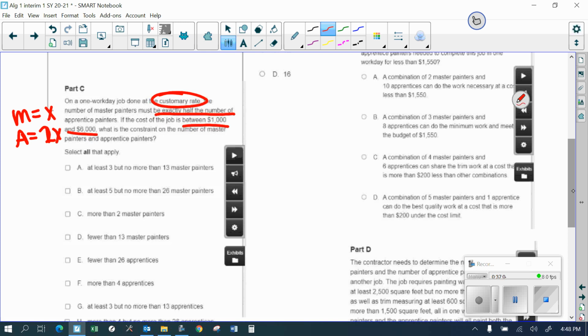Okay. So at least 3, but no more than 13 master painters. At least 5, but no more than 26 master painters.